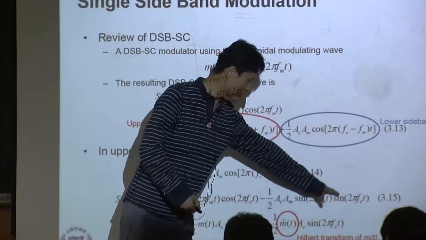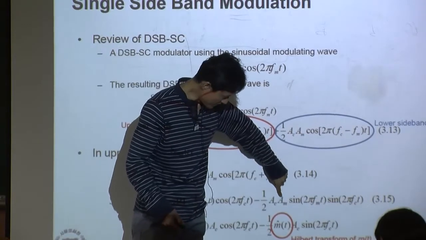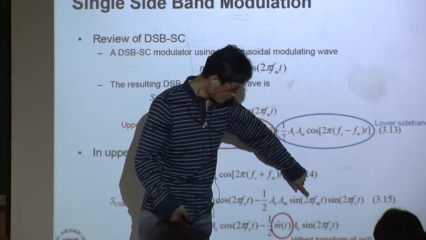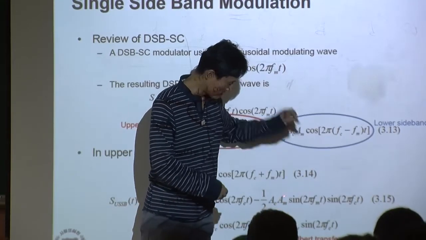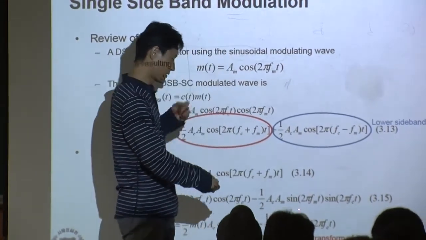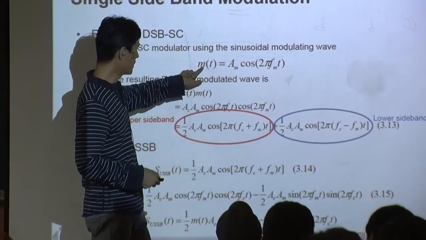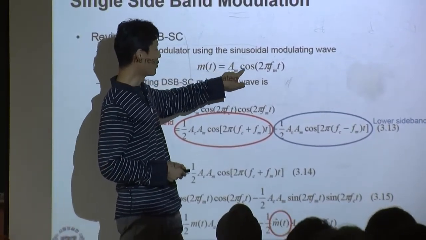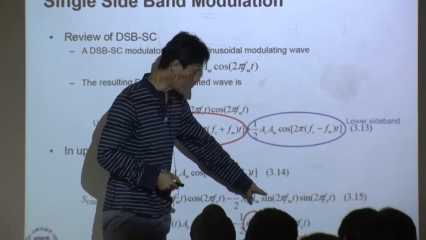But we have one more term here, sine times sine. Right here we have AM times sine 2 pi FMT. So what is this one? We haven't defined anything for this, because our message is AM times cosine 2 pi FMT, but here we have AM times sine 2 pi FMT.